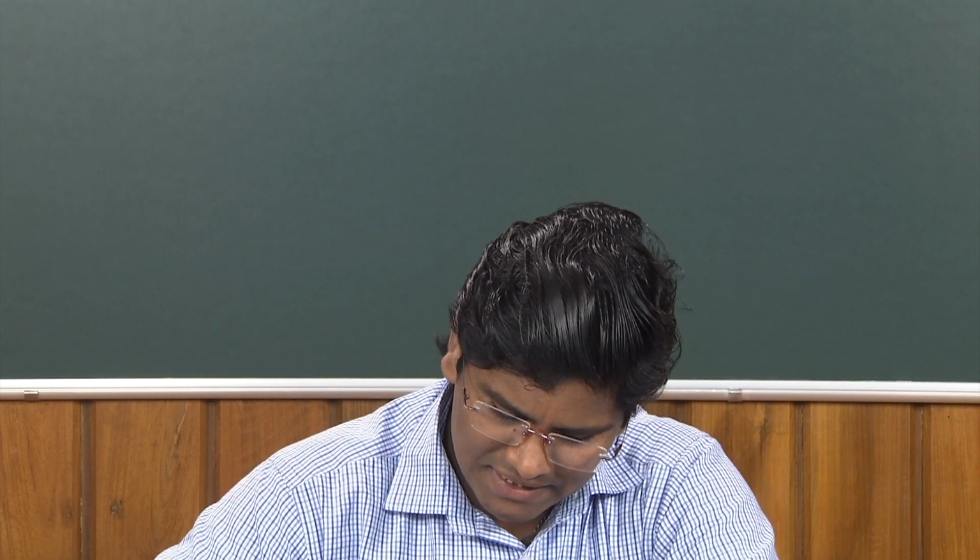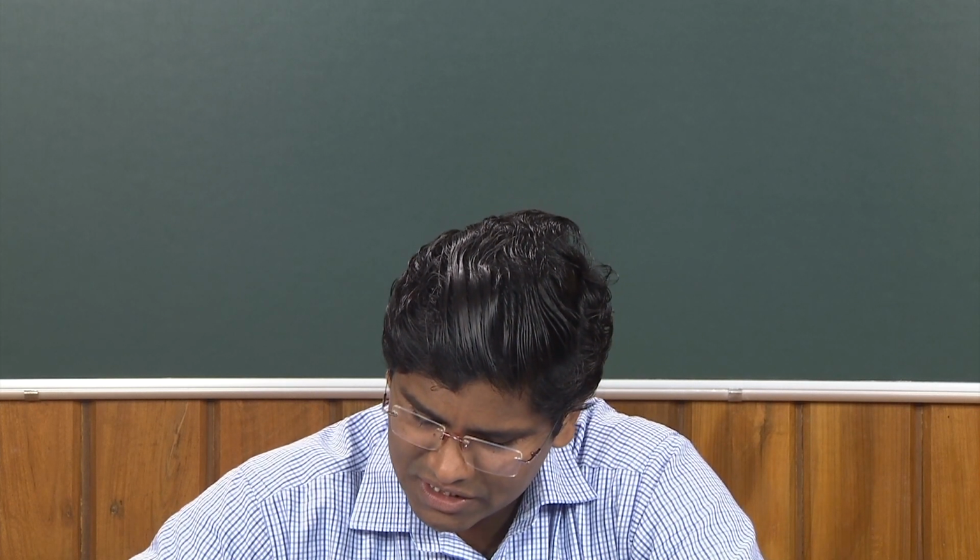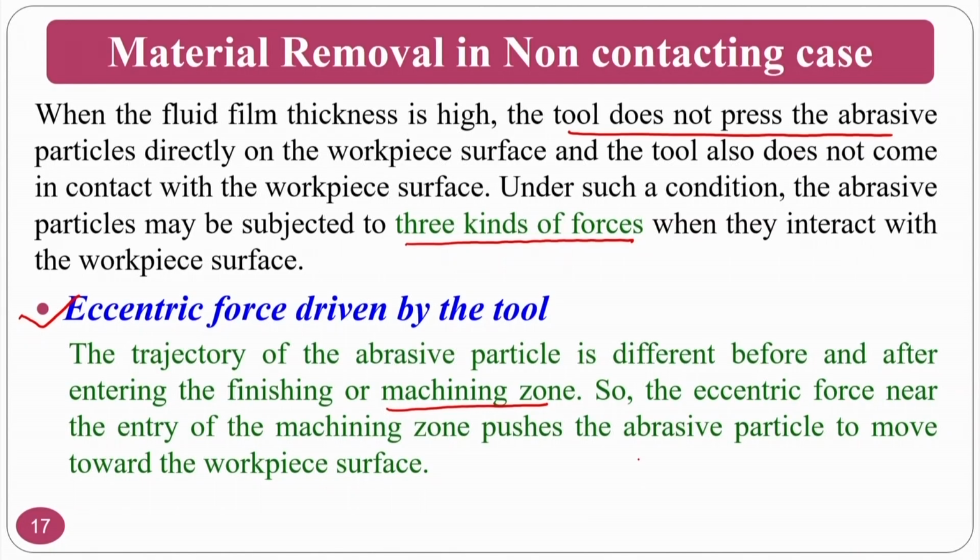In that circumstance, the first force is the eccentric force driven by the tool. That means the trajectory of the abrasive particle is different before and after entering the finishing and machining region, so the eccentric forces near the entry of the machining zone push the abrasive particles to move towards the work surface. Okay, this is one type of force that will pressurize the fluid towards the workpiece.